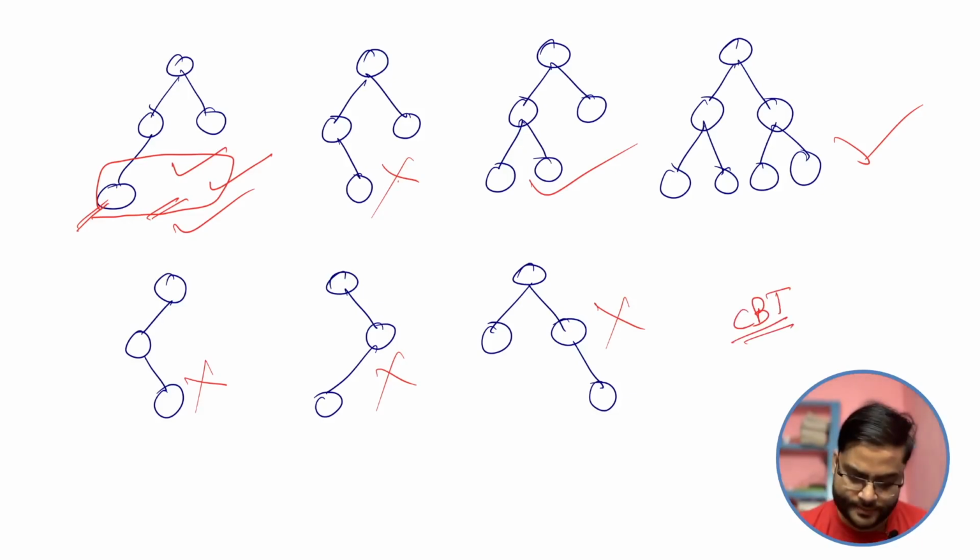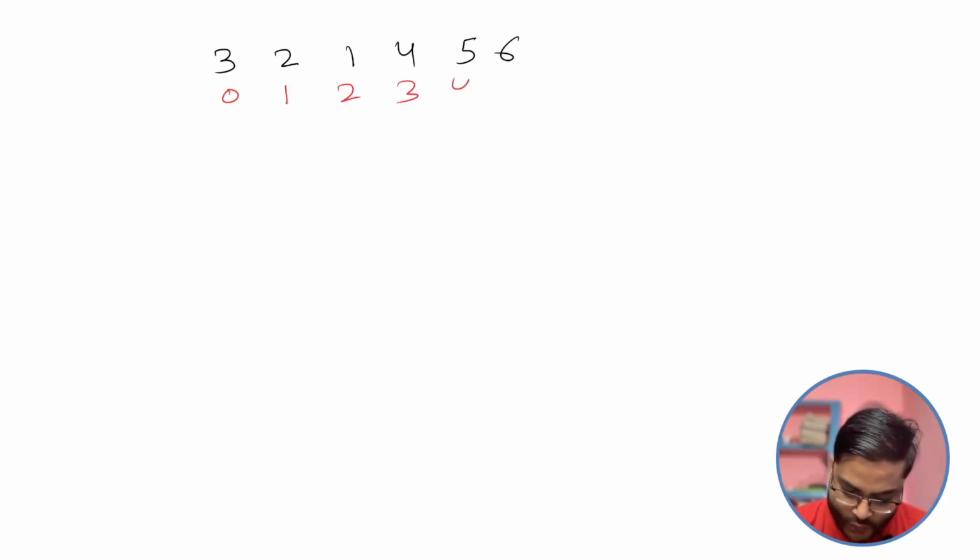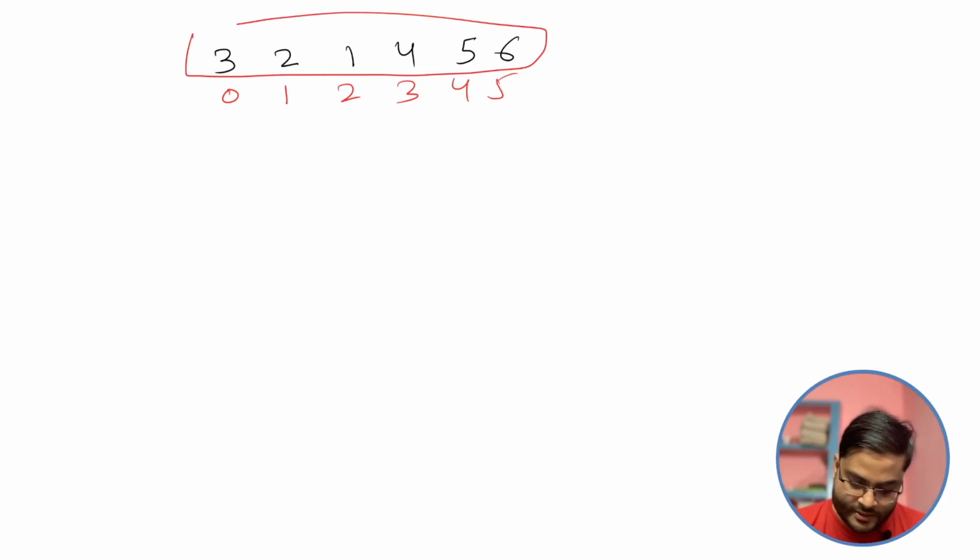Now move forward. So heap is nothing but a complete binary tree structure. So let's take an array. Let's say I am taking 3, 2, 1, 4, 5, 6. Okay, and let's start from index 0, 1, 2, 3, 4, 5. So these are our array elements and these are our indexes 0, 1, 2, 3, 4, 5.